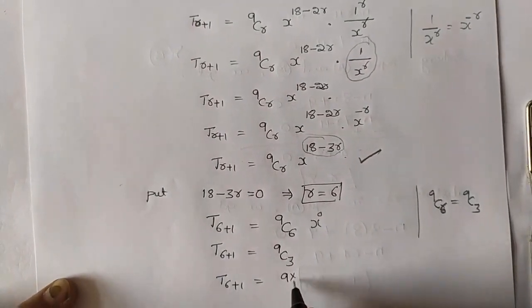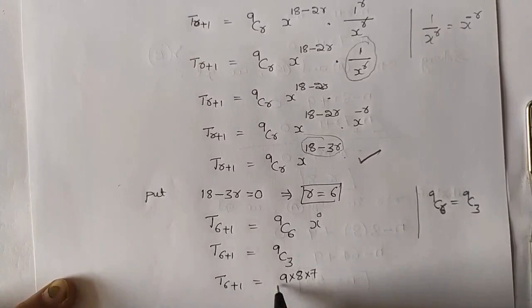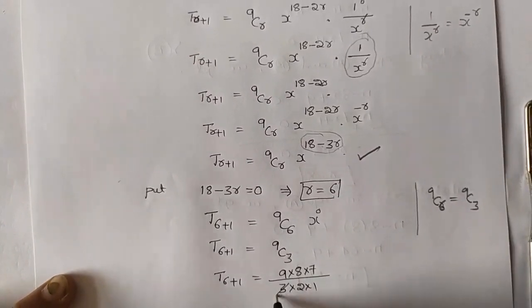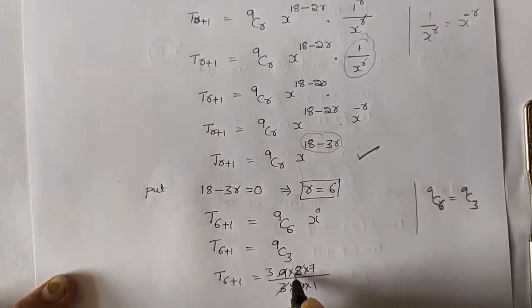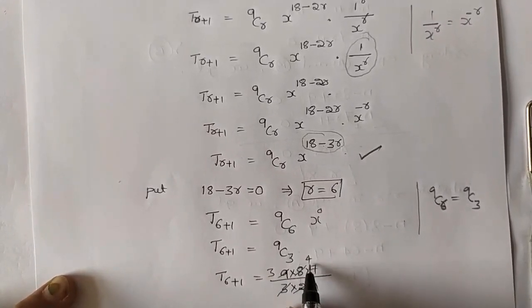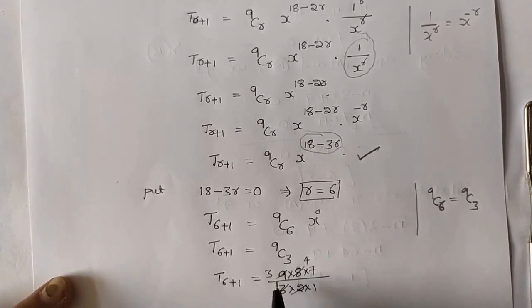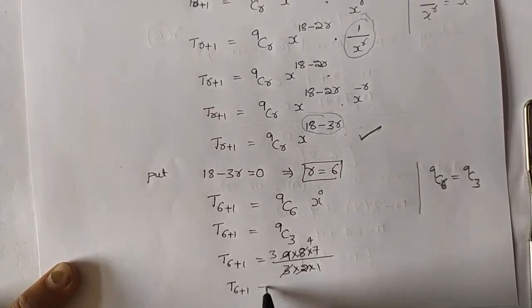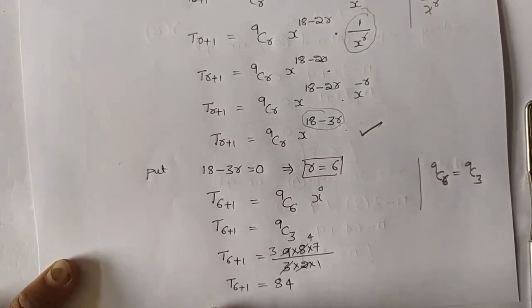Simplified: 9 into 8 into 7 divided by 3 into 2 into 1. So 3 ones are 3, 3 twos are 6, 2 fours are 8... then multiply: 3 into 4 is 12, 12 into 7 is 84. So T 6 plus 1 equals 84.